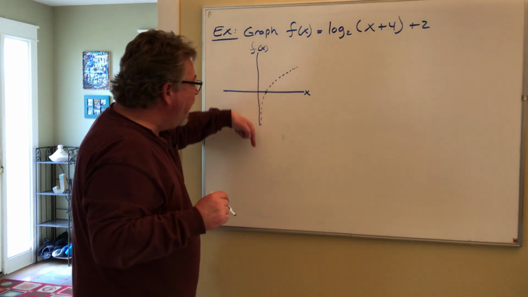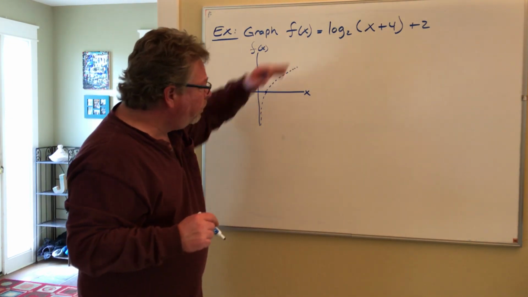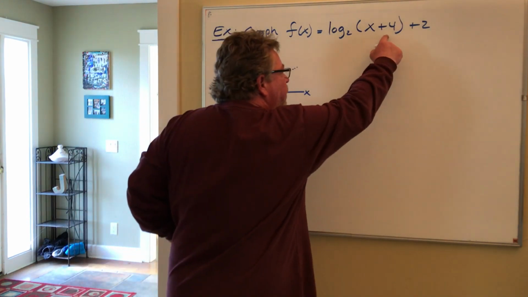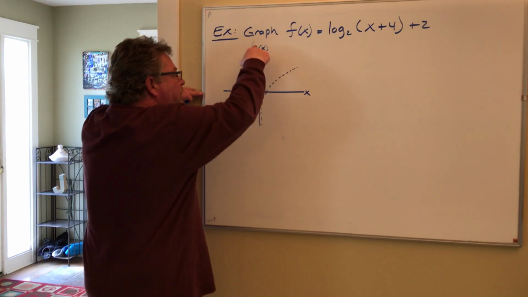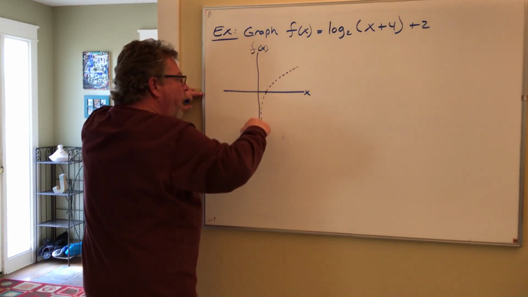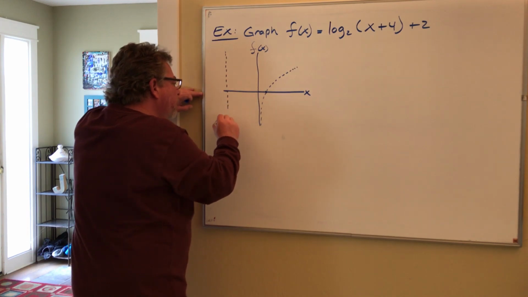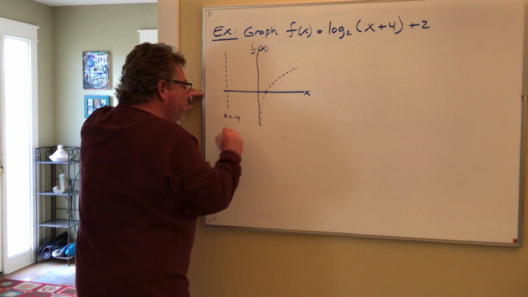We know that it is asymptotic to the negative y-axis, and it's going up from there. So what's going to happen is when I shift this 4 units left and up 2 units, this vertical asymptote here at the y-axis is now going to come over here to the line x equals negative 4.